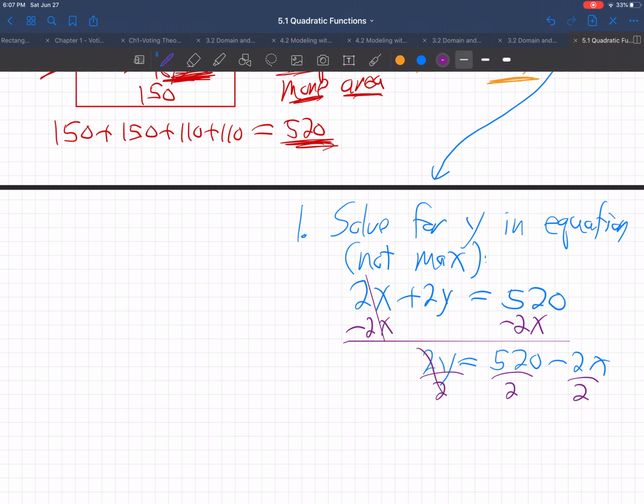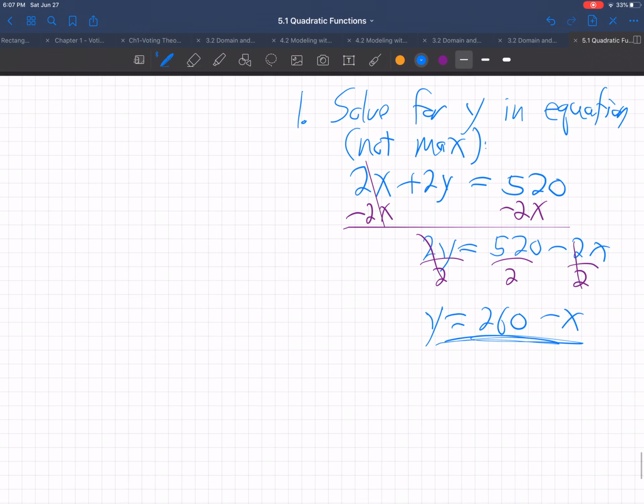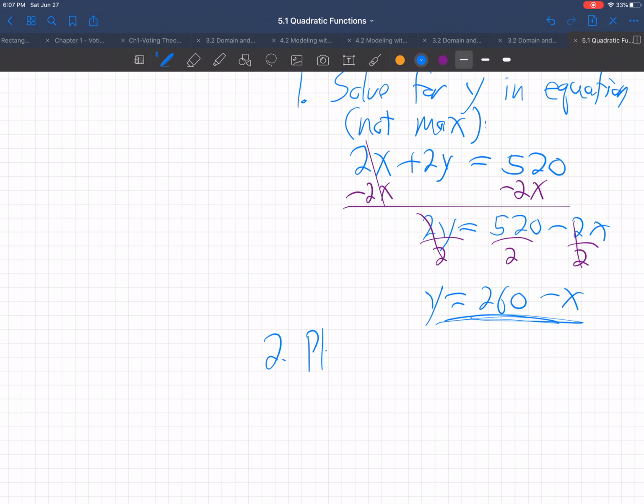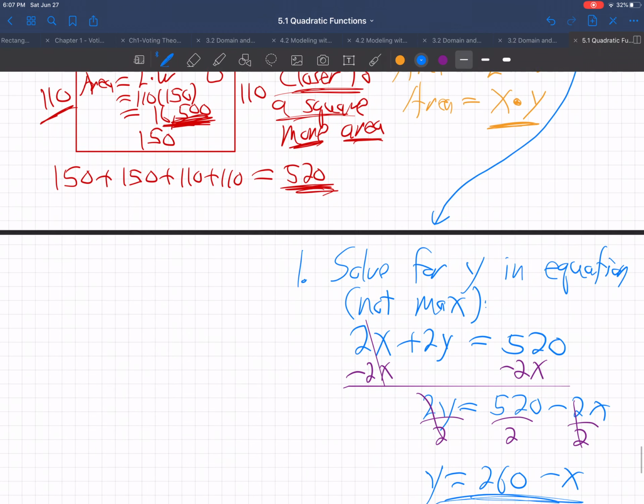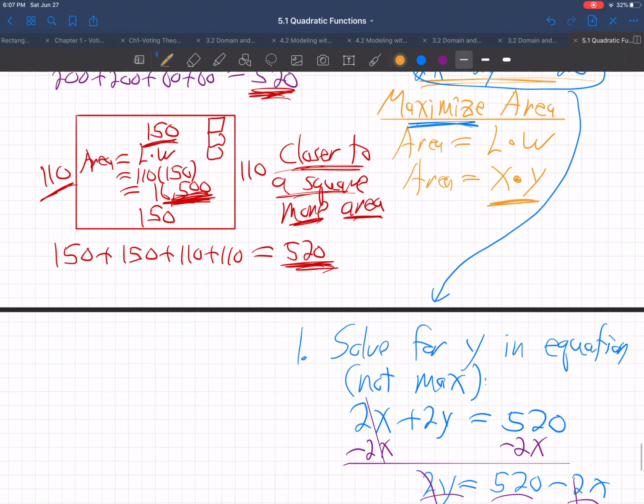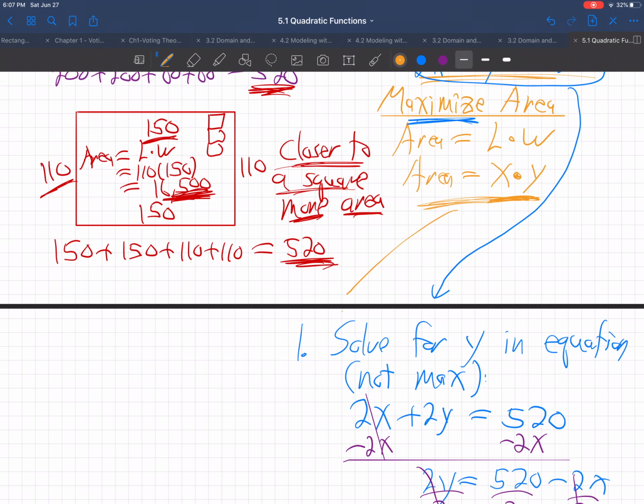And this cancels. We get y equals 260 minus x. So we got y. Now, step 2: plug y into the max equation. I guess they're technically both equations. So I'm going to grab the max equation here, which is simply this. Bring it down here.